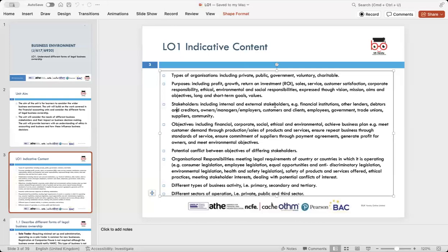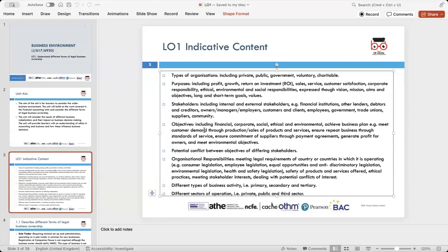Stakeholders, internal and external, including financial institutions, lenders, debtors, creditors, owners, managers, employees, customers, clients, government, trade unions, suppliers, and the community.